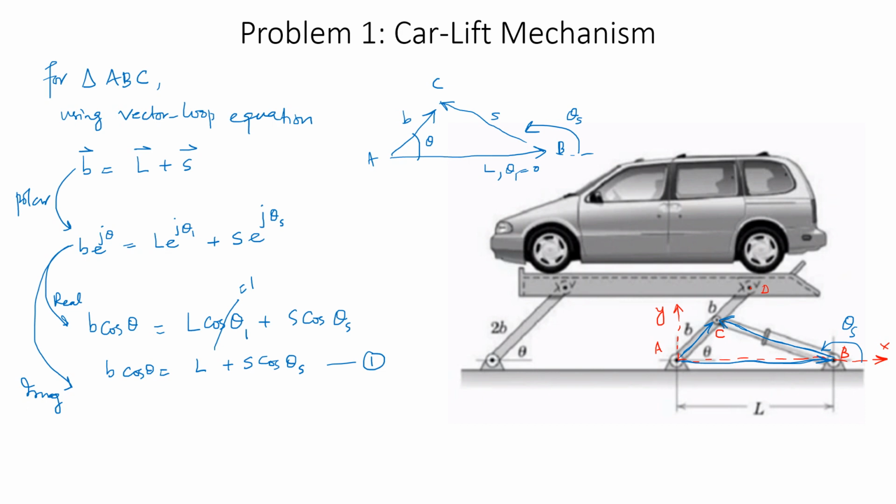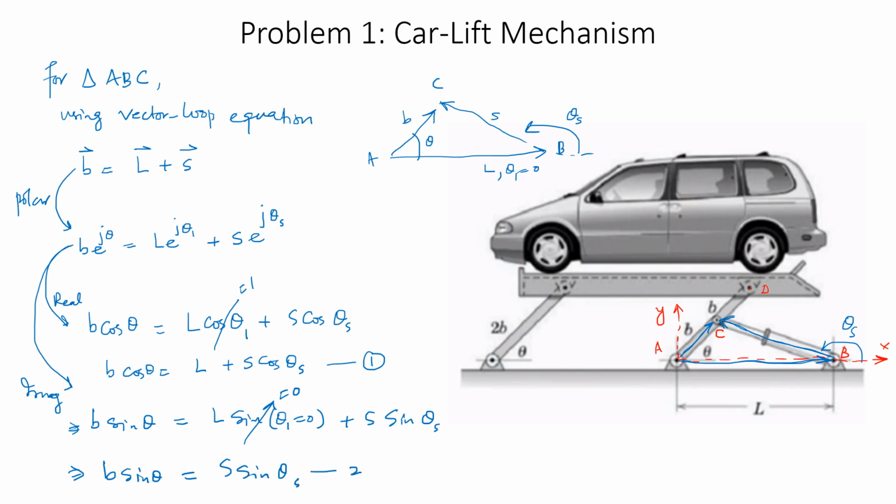So this would imply that B sine of theta is equal to L sine of theta 1, which is equal to 0 in this case, plus S sine of theta S. Now, since this expression is going to be equal to 0, I can rewrite this expression like this: B sine of theta is equal to S sine of theta S. So this is going to be equation number 2.